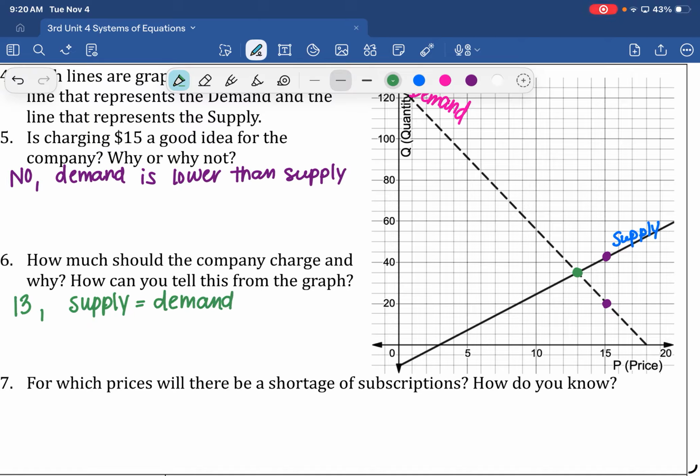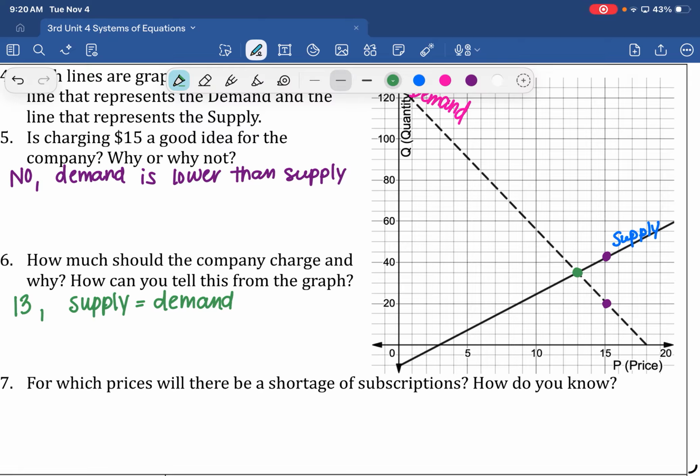There's no excess. They're making enough money to cover it with their supply, and they're not having a bunch of extra left over because there's no demand. Okay? Just like how we had to set the equations equal to each other to solve it, we just look where the graphs are equal to each other, which is where they intersect.